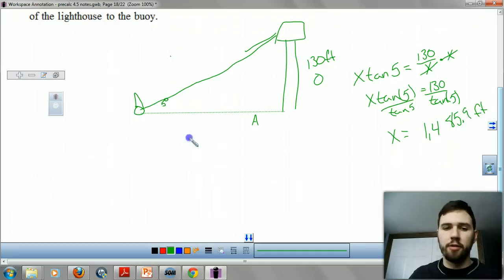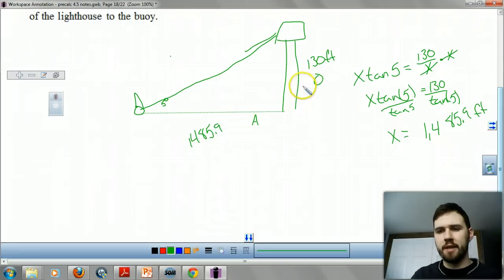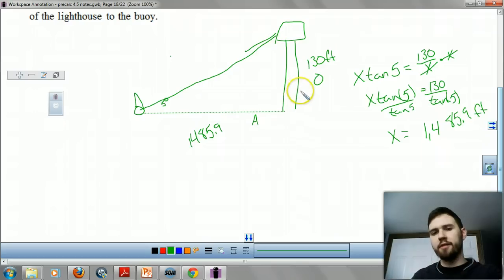That buoy is a long ways away. Actually, that's not even a mile. Not too bad. Gotta remember that corner. That's where my face is. I just poked myself in the face.